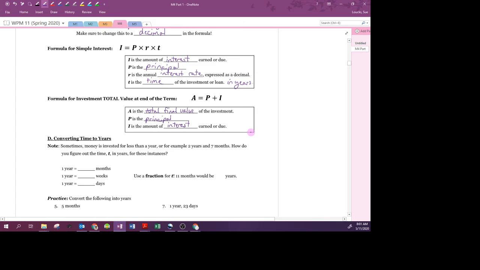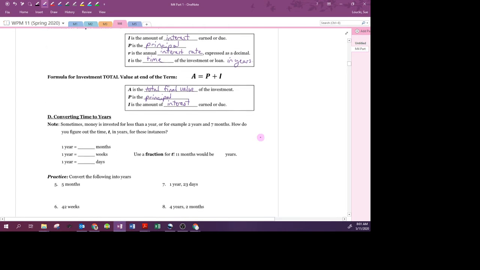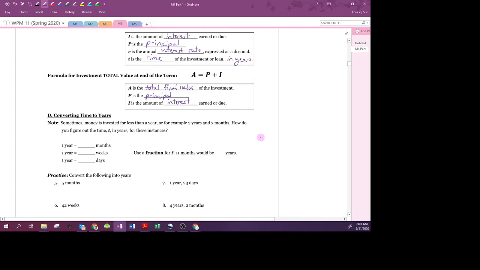Converting time to years. Sometimes money is invested for less than a year or parts of a year, for example, 2 years and 7 months. How do you figure out the time T, which is measured in years, for these instances? Well, you need to know that 1 year is 12 months, 1 year is 52 weeks, and 1 year is 365 days.